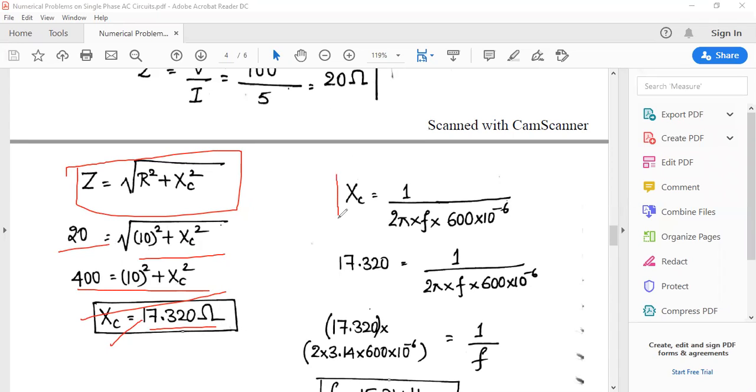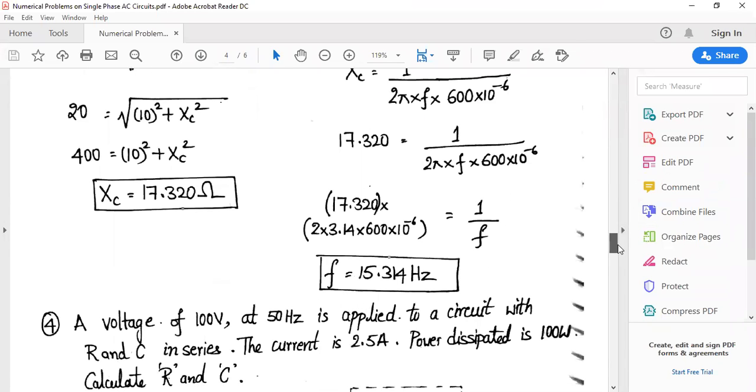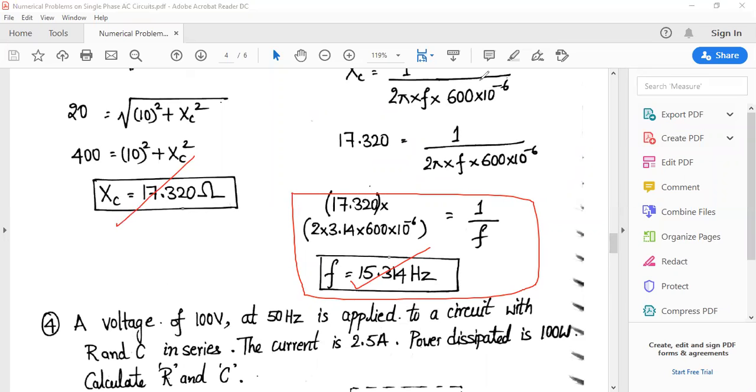So now XC can be calculated using 1 divided by omega C. So the frequency can be calculated like this. So the frequency is 15.314 hertz. Okay, so this is how we can calculate it. So this is the end of the third problem which is being presented there.